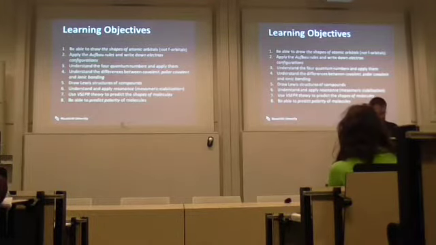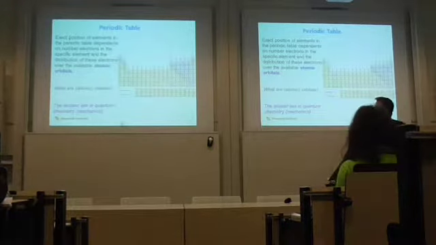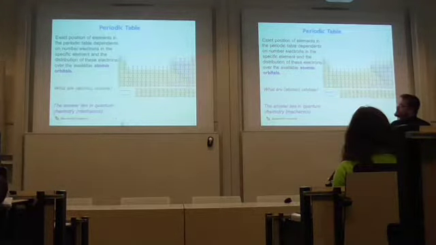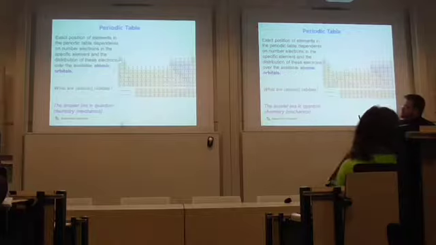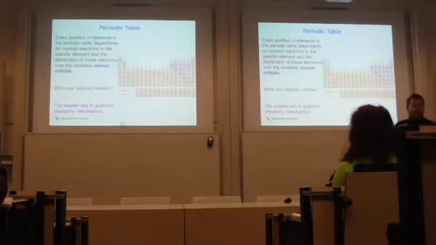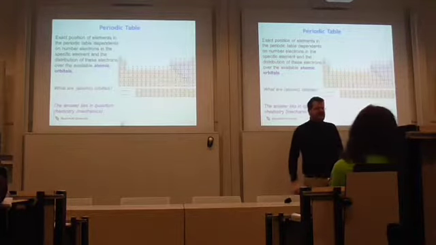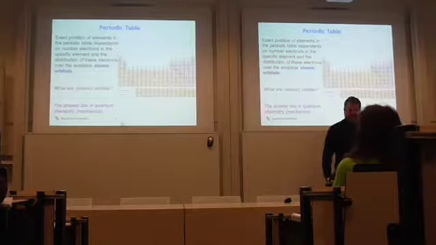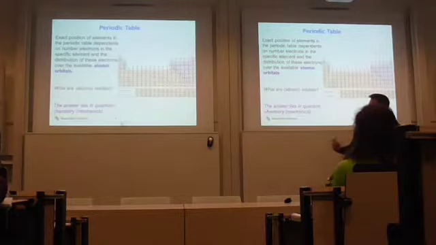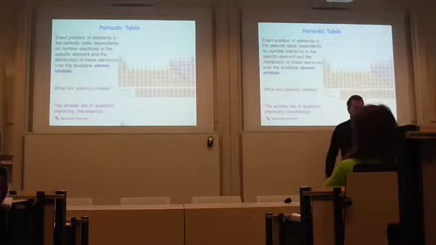Of course, the starting point is the periodic table. It always is. We discussed a little bit last week how this periodic table is built up, right? We can build it up in terms of atomic number, the number of protons in the nucleus of an atom. Atoms have different isotopes and so on, but basically the atomic number is a reflection of the number of protons in the nucleus.